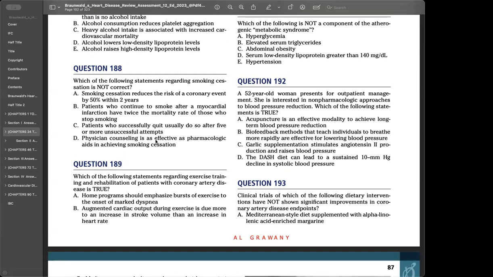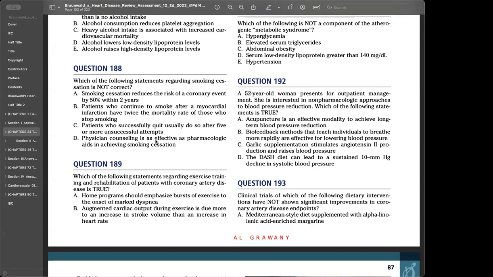B, patients who continue to smoke after a myocardial infarction have twice the mortality rate of those who stop smoking. C, patients who successfully quit usually do so after 5 or more unsuccessful attempts. D, physician counseling is as effective as pharmacologic aids in achieving smoking cessation.